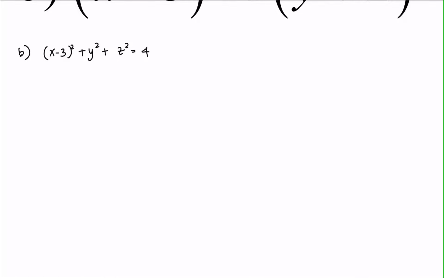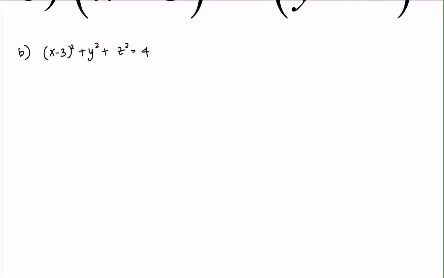This time, what do you have? You have x minus 3, and then y squared plus z squared. This time it's not always x equal to 0, y equal to 0, z equal to 0.